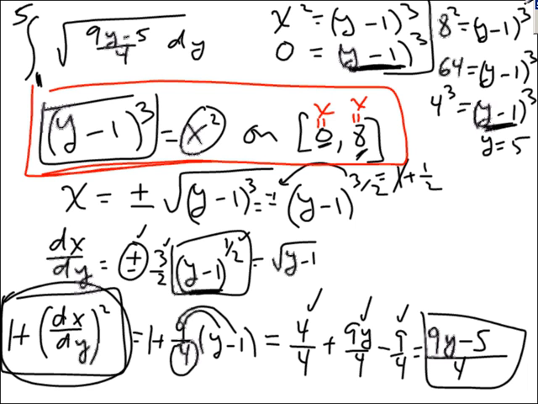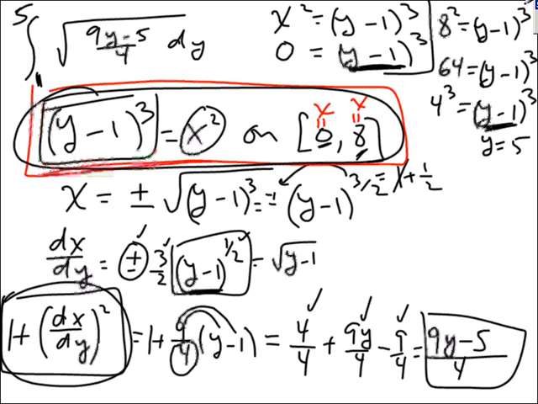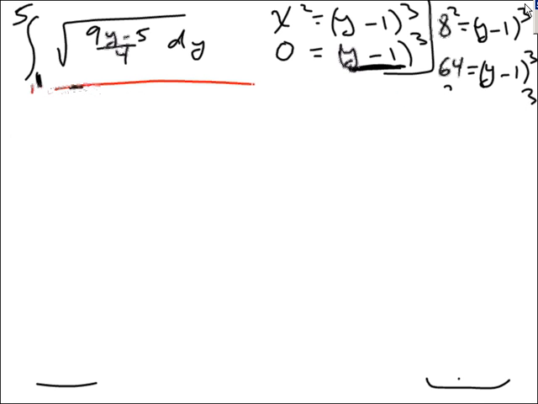You need to change the limits. Again, this here was the beginning problem. They said find the arc length of the curve y minus 1 cubed equals x squared on 0, 8. It's always understood those are x values. That's big. You caught up in that? If you don't know that, you're going to mess up. And there's nothing to understand.